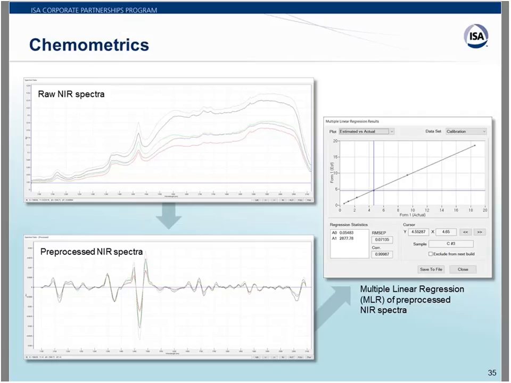But before a spectroscopist can build such a model, like the one shown on the right-hand side of slide 35, he or she should have knowledge of which region of the spectrum represents the component of interest.